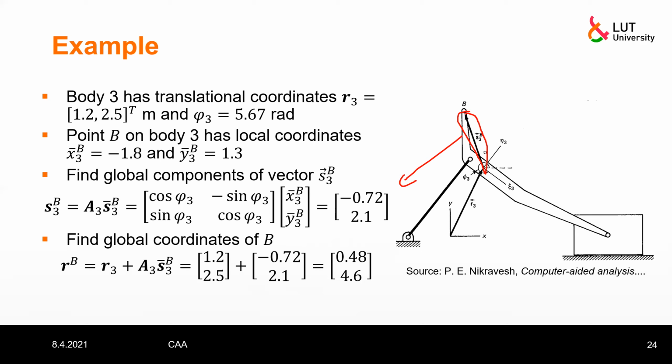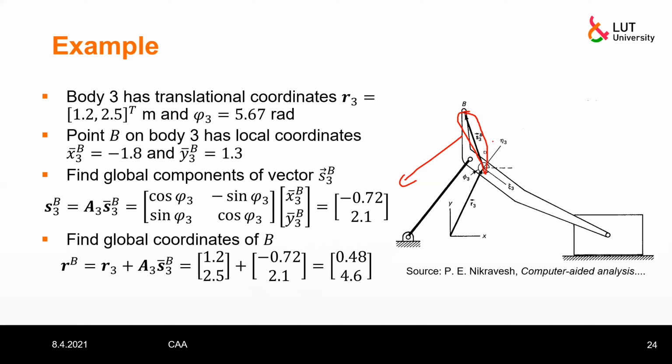Now, global coordinates of B. So we are looking for the coordinates of point B only. So we must add two vectors: vector R3 and S3, but described with respect to the global coordinate frame, because we must be consistent if we want to get any reasonable result. R3 was provided here, and this is the second part.